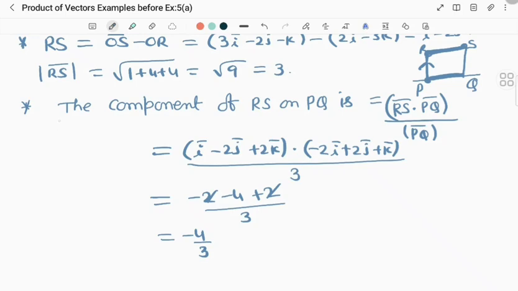So from this what we are observing, dear students, the component of RS on PQ means indirectly the magnitude of the projection of RS on PQ. That we can take indirectly. No need of calculating the unit vector as given in the textbook. We can't follow the textbook, we can simplify.